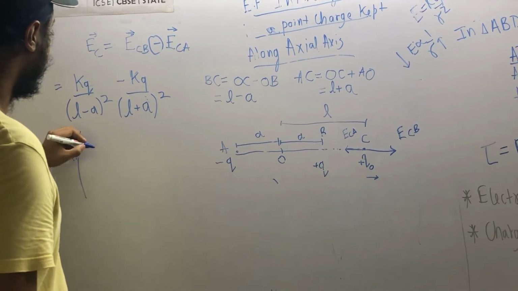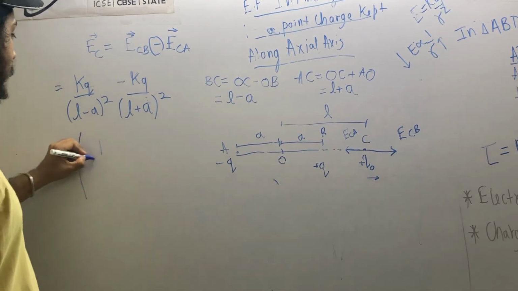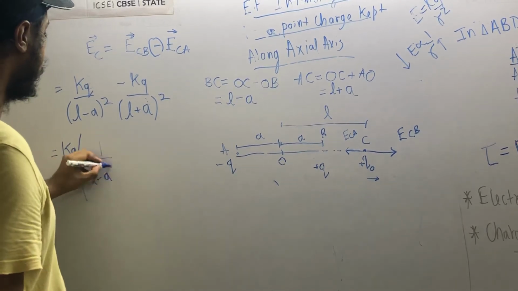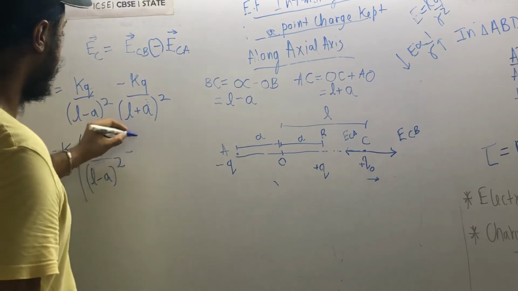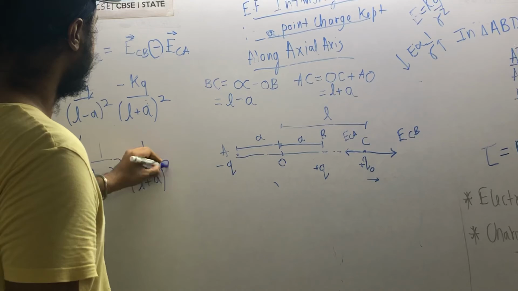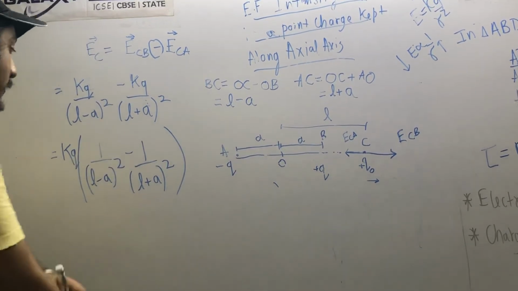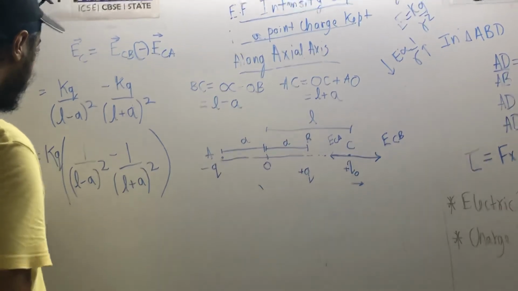K upon, okay, you can take out KQ. So what will remain? 1 upon (L minus A) whole square minus 1 upon (L plus A) whole square. Okay, so we will solve this further.